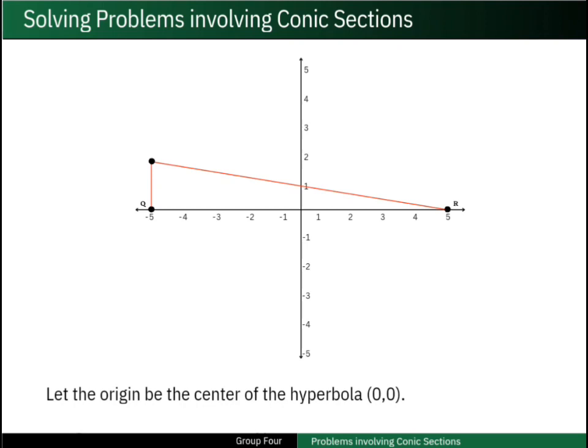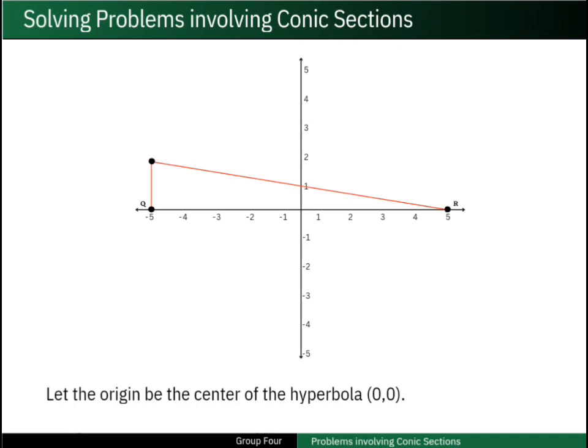We replace negative 500 with negative 50 and coordinate R with 50 as well. You can also see from the graph that the point Q is near the ship, since point Q received the signal 3 microseconds before the message from R.